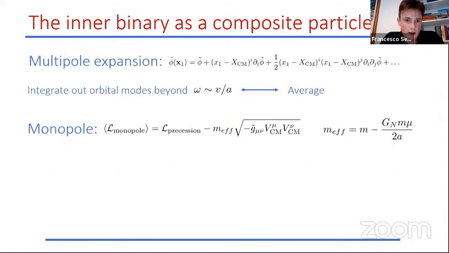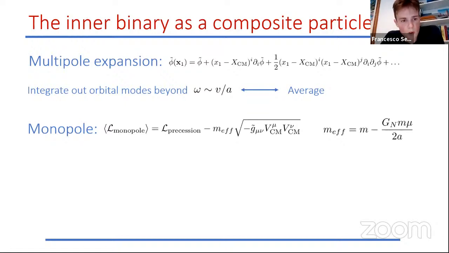And if we do that, and then we integrate out the orbital modes of the inner orbit, that is the dependence of the trajectories of the first and second body on time, integrating out these modes, we obtain finally our effective action for 2 particles.